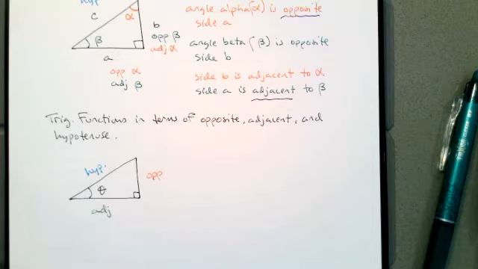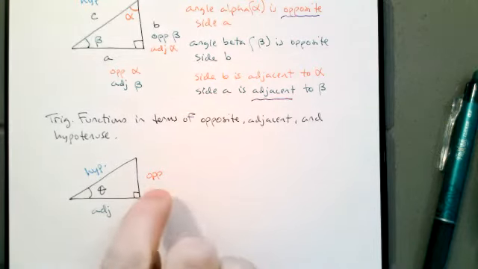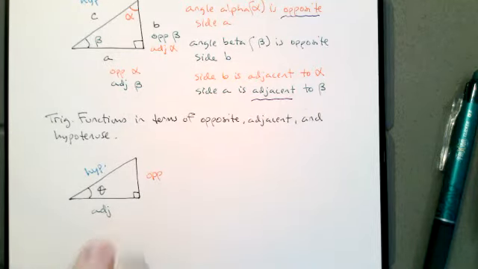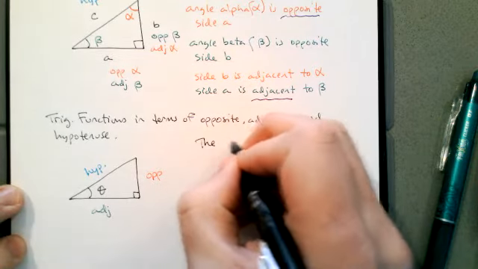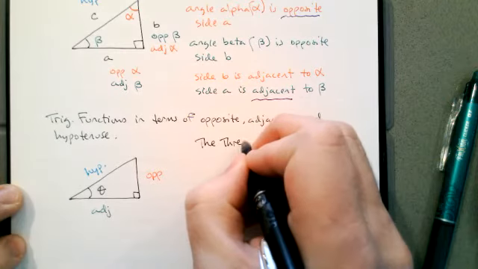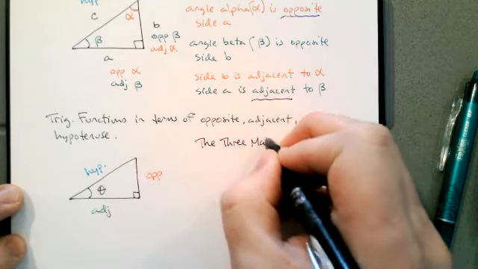So opposite and adjacent have meaning. If I've defined theta and if I name the other angle, I would have to say specifically this is opposite theta and the horizontal leg is adjacent to theta. In terms of theta, we can define our three main trigonometric functions, the three main trig functions.